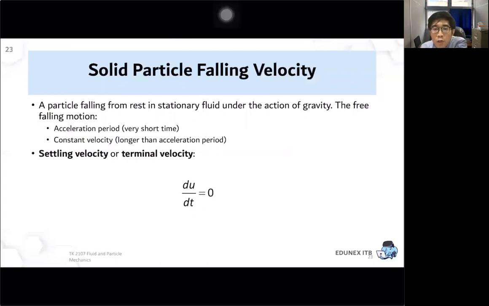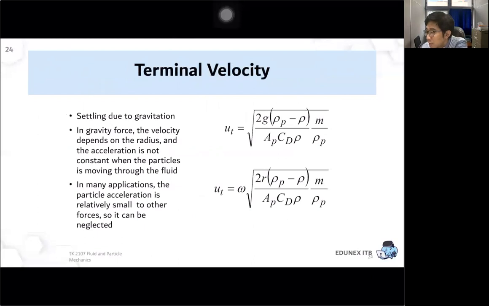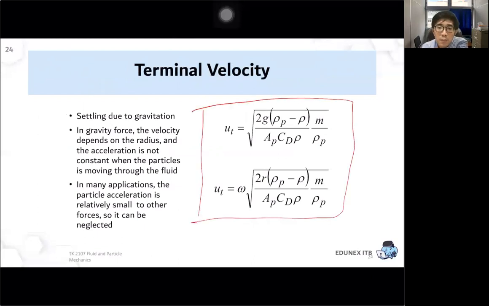When a falling object reaches the terminal velocity, it means the velocity becomes constant. There will be no change in the velocity, so du over dt will be equal to 0. Then you can get the equation to calculate the terminal velocity or settling velocity.